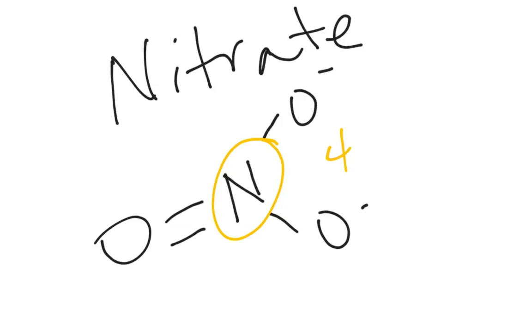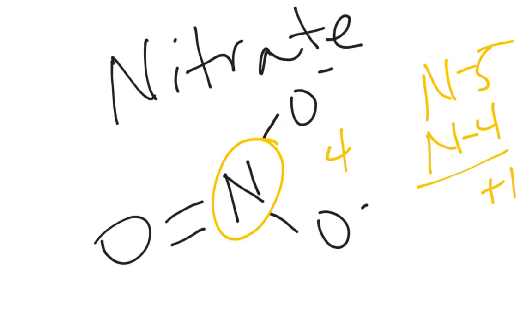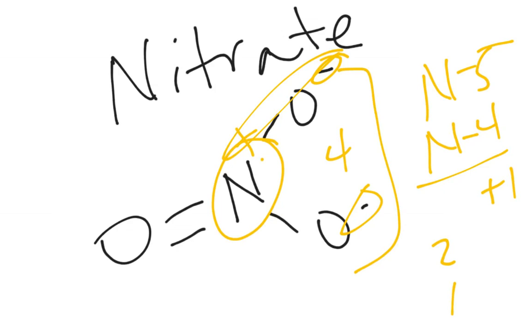Nitrogen wants 5 valence electrons. With 4 bonds, it only has 4, so we're going to say that it has a +1 charge. Remember, electrons are negatively charged, so I end up being 1 higher than I should. So my nitrogen actually has a plus charge here. My oxygens each want 2 bonds, and they each only have 1 bond, so they both have these negatives to account for that. These two cancel out, and so this nitrate has a negative charge overall.